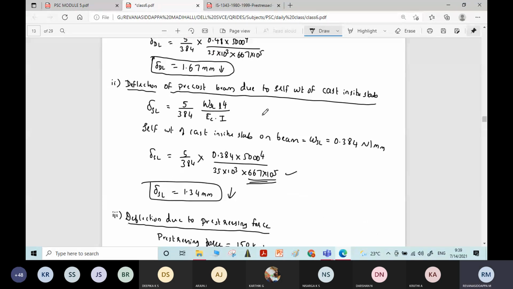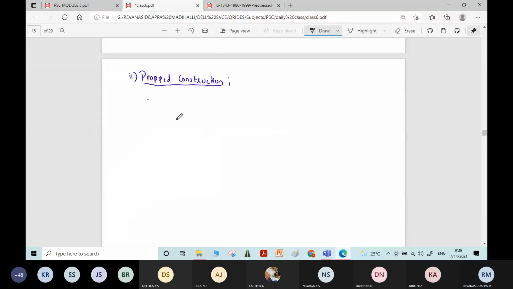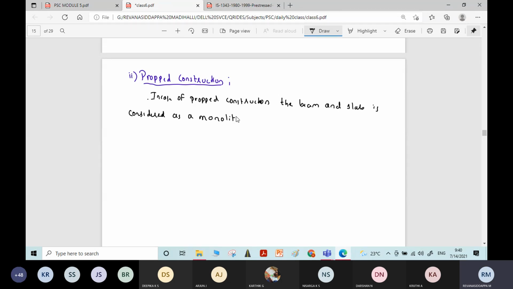In case of propped construction, the beam and slab are considered as a monolithic section.